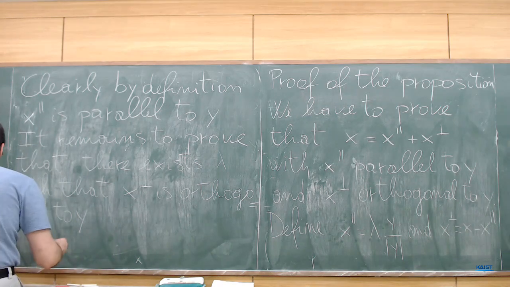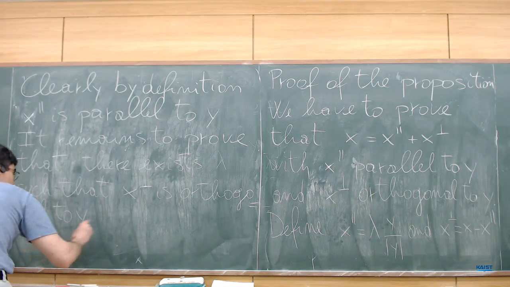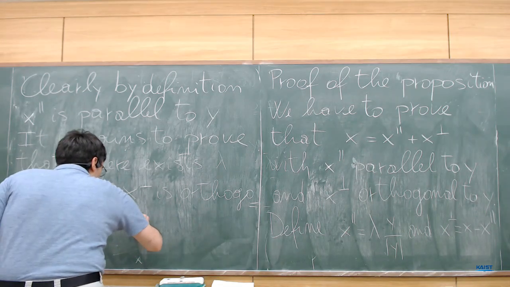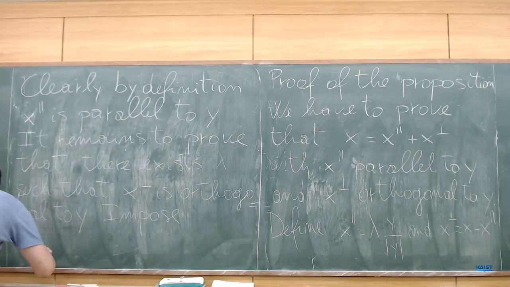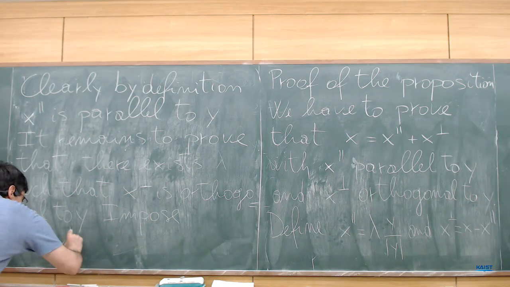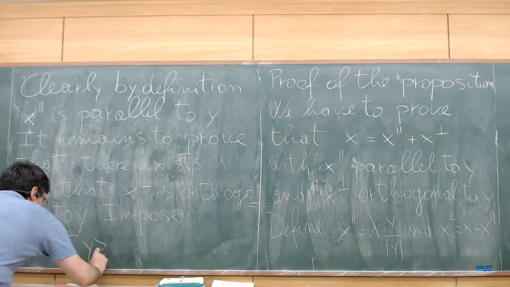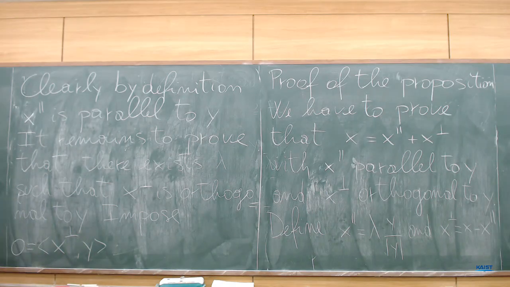We have to impose that the inner product of x orthogonal with y is equal to 0. But what is x orthogonal?